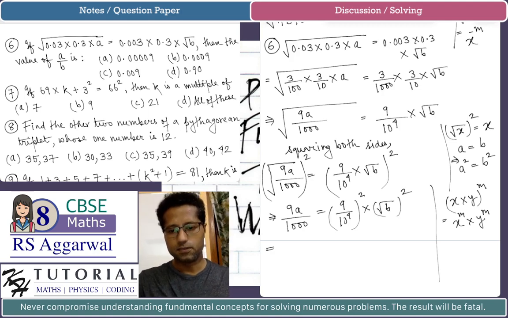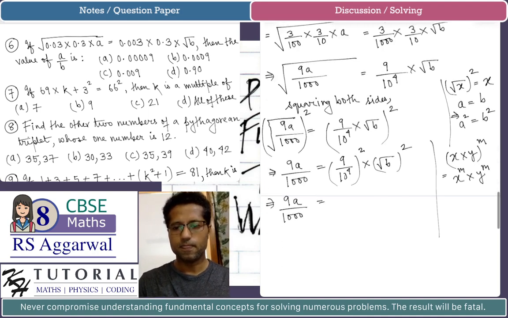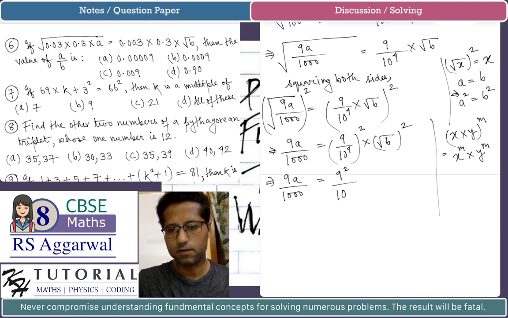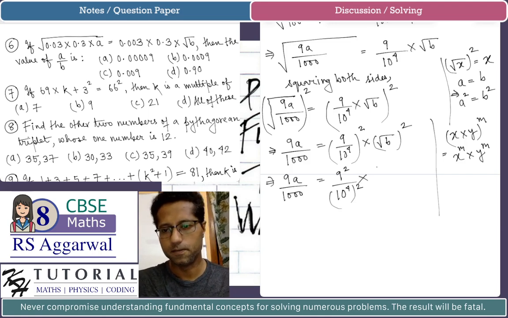So this implies 9a by 1000 is equal to 9 by 10 to the power 4 whole square, which can be written as 9 square divided by 10 to the power 4 whole square, and root b whole square is b.